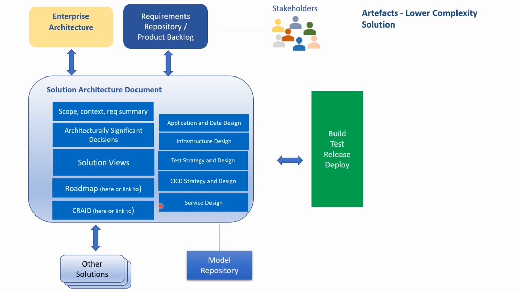Sometimes I'll just call it solution design, and that is something you can actually implement from, and that works so well for lower complexity solutions. Again, you're still aligning to enterprise architecture, you're still tracing back to your requirements, and you've still got models, and models still really important. But it's all effectively in one deliverable.